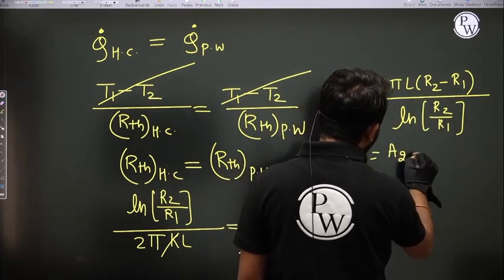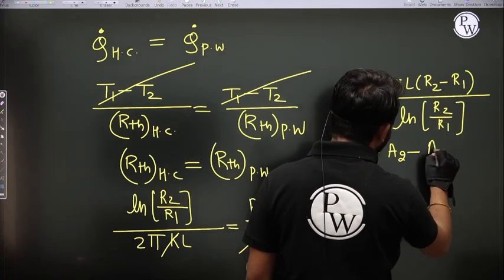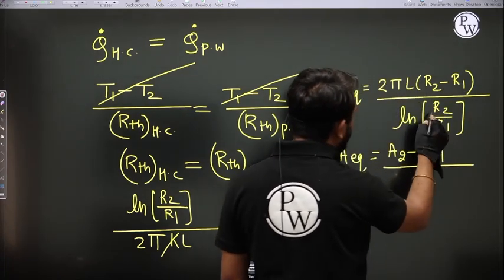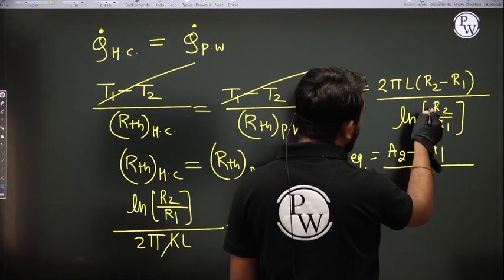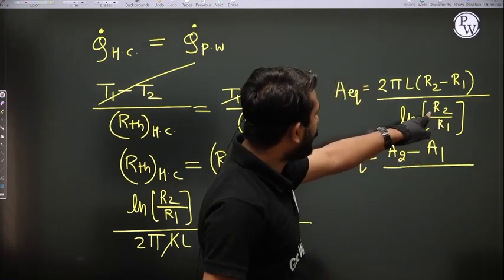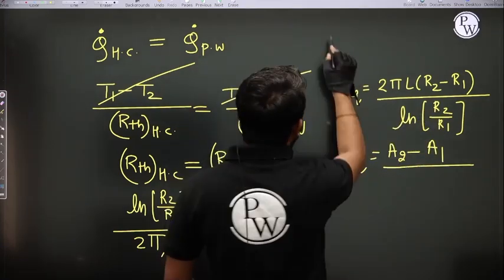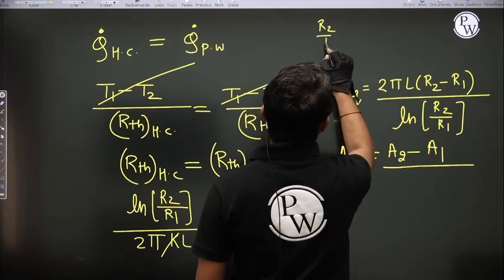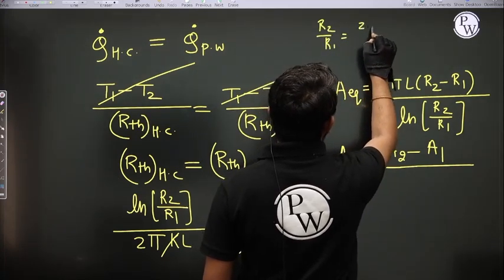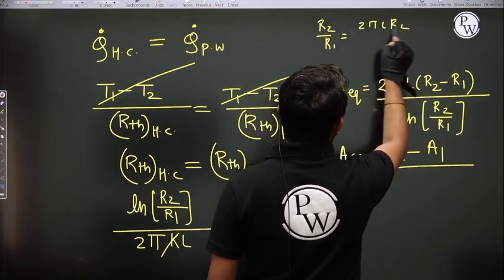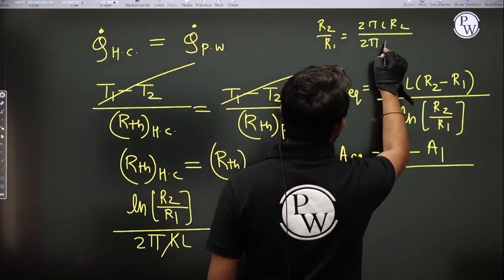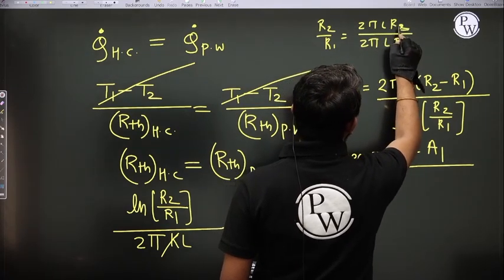Right. So A equivalent is equal to, now this 2 pi L R2 is A2, minus 2 pi L R1, this is A1, divided by ln R2 by R1. We can write R2 by R1 as 2 pi L R2 divided by 2 pi L R1, yes or no?